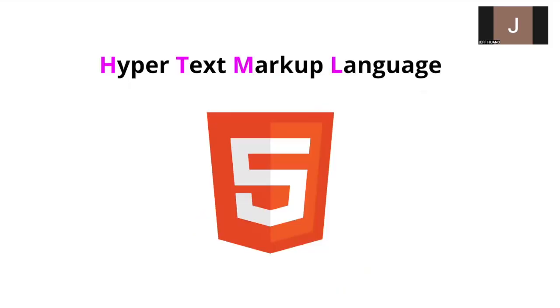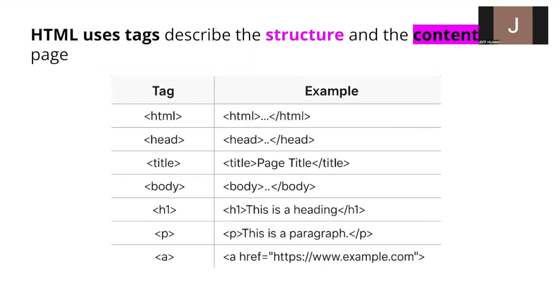So HTML stands for Hypertext Markup Language. Hypertext is basically the links that you can click, and markup means annotating your words, so making it bold, italicizing it, and stuff like that. HTML uses tags to change the structure and content of your page.